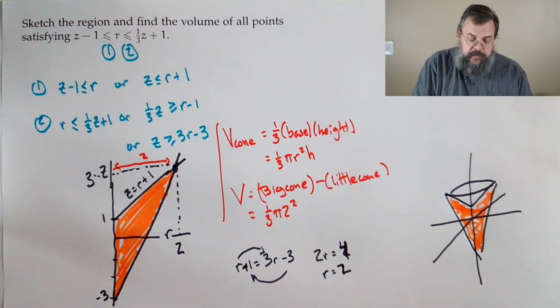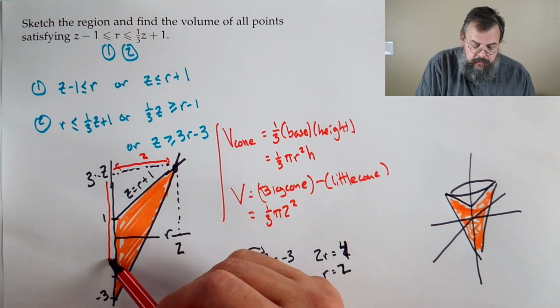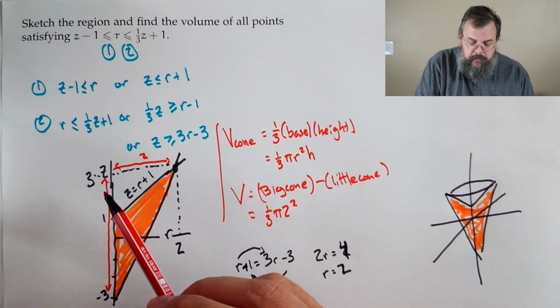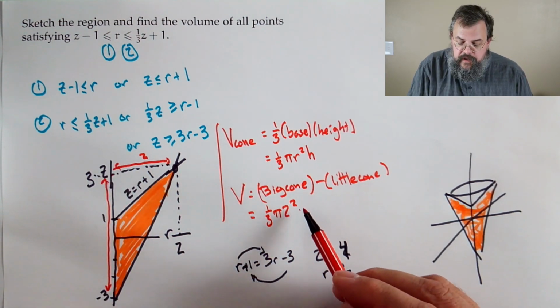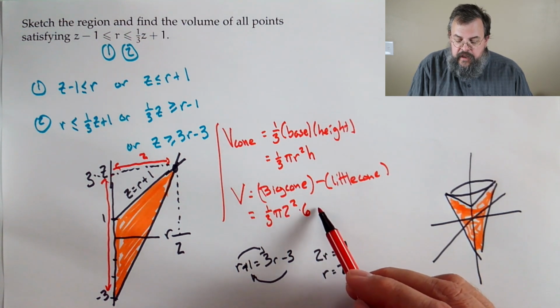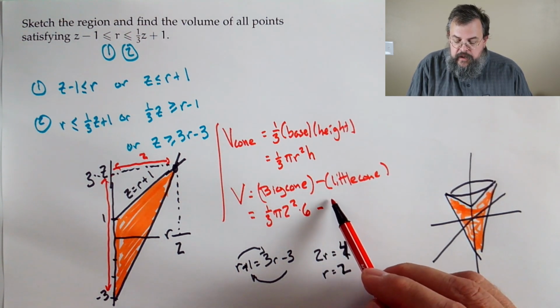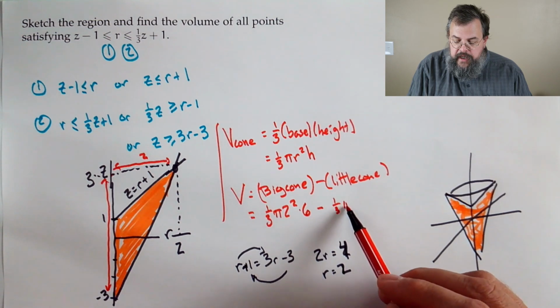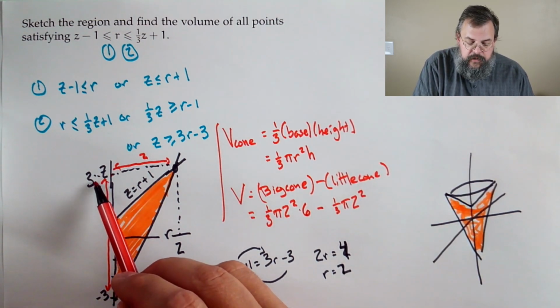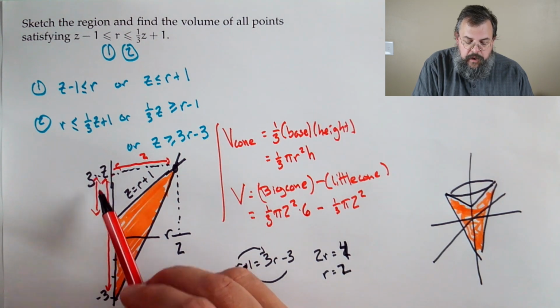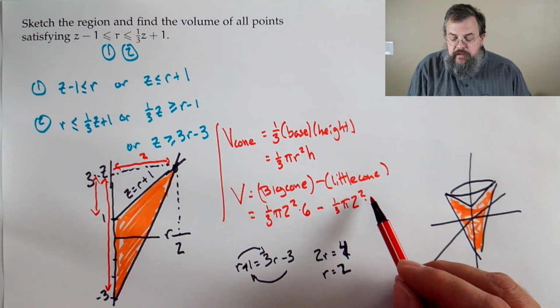The height of the big cone is going to be from +3 down to -3, which is 6. Then the little cone, 1/3 pi, still the same radius, 2 squared, but now the height is from 3 down to 1. Okay, so that means 2.